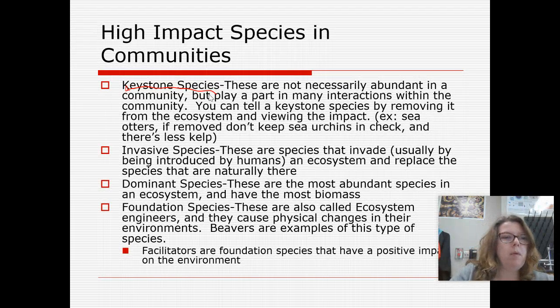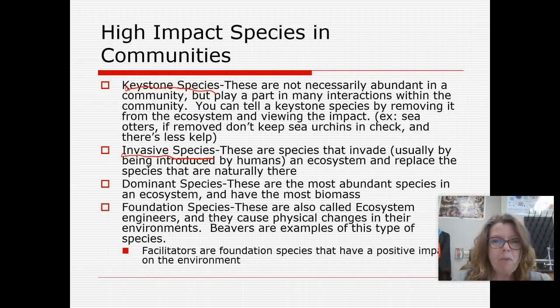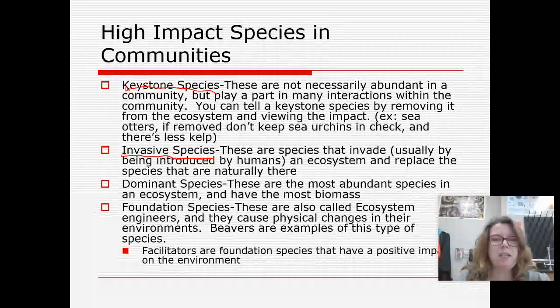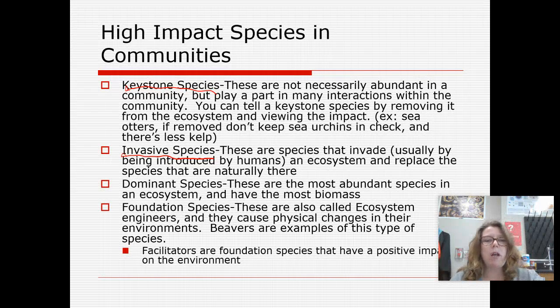One we learned about in Baby Bio is the invasive species, right? We live in the South, so kudzu, remember that? These are species that are usually introduced by humans into an ecosystem, and unfortunately, they tend to replace the species that are there because they're brought in and they have no natural predators.